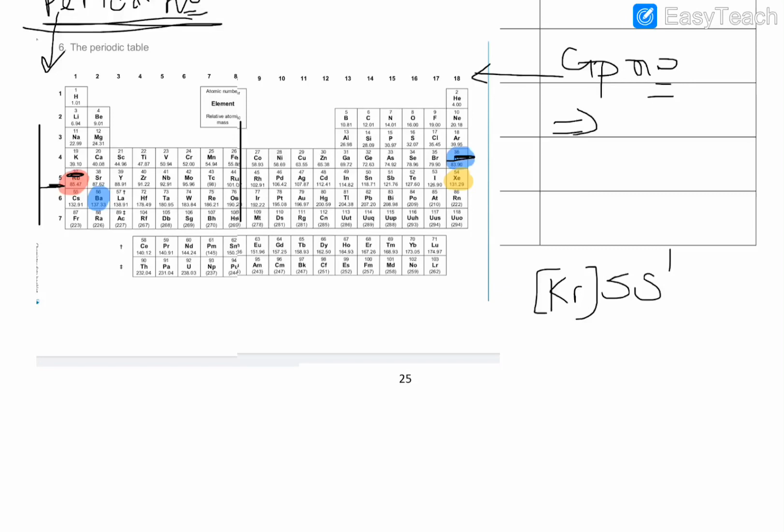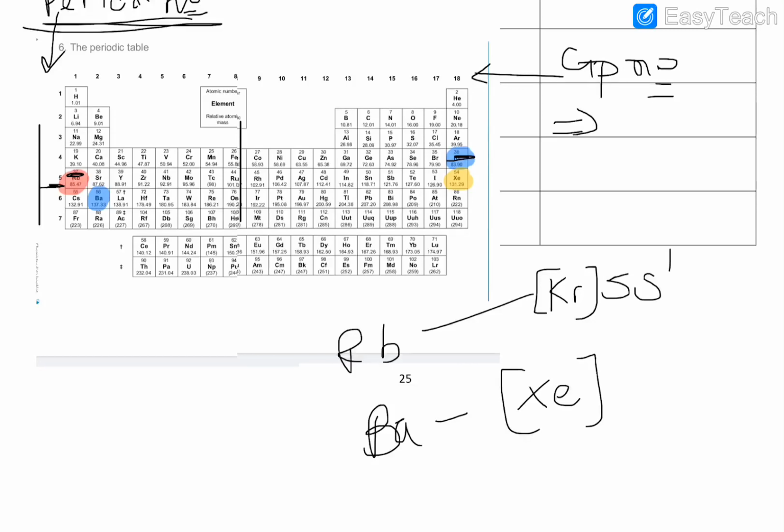So for barium, it would be xenon, which is already representing 54 electrons. And then for barium, it's period 6, so 6s2. So this is 54, 55, 56.